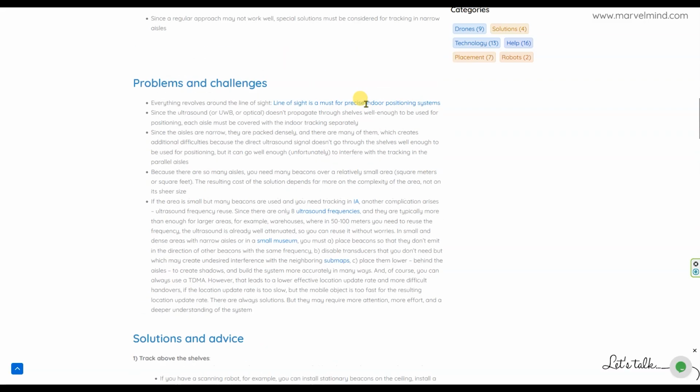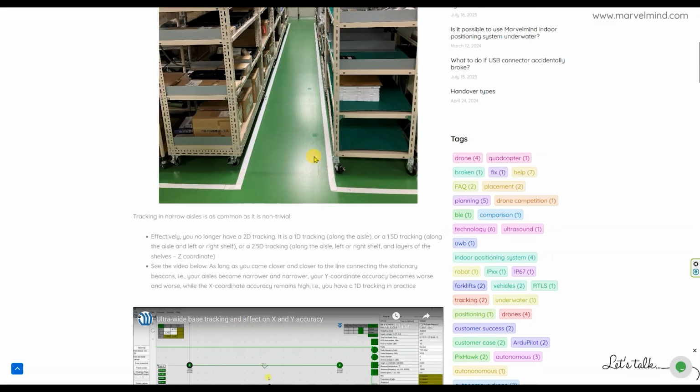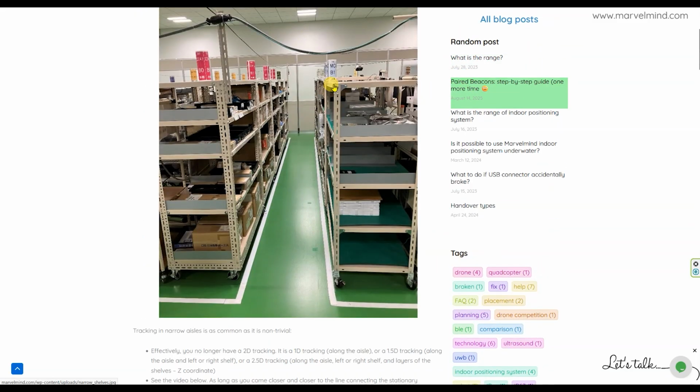In a large warehouse, it's not a problem because you have larger distances and larger submaps, and the next time you need to reuse the frequency, it's far enough: 40 meters, 50, 100 meters. But when you have such a densely packed area, it is a problem, because the next frequency may be just 20 meters away, and over 20 meters it can propagate through the empty shelves, for example, and then interfere.